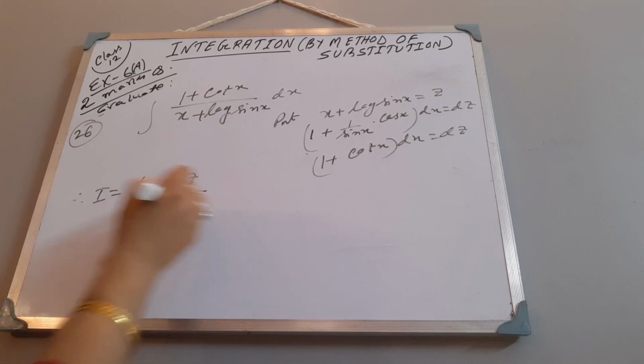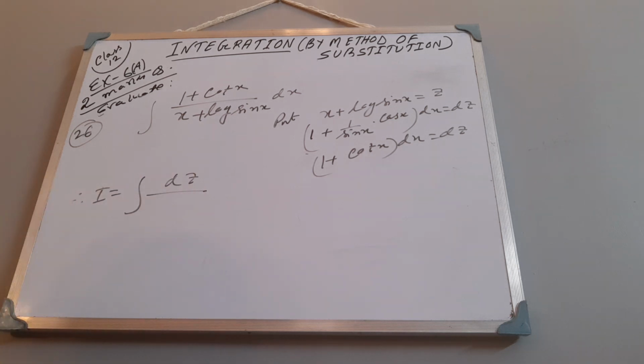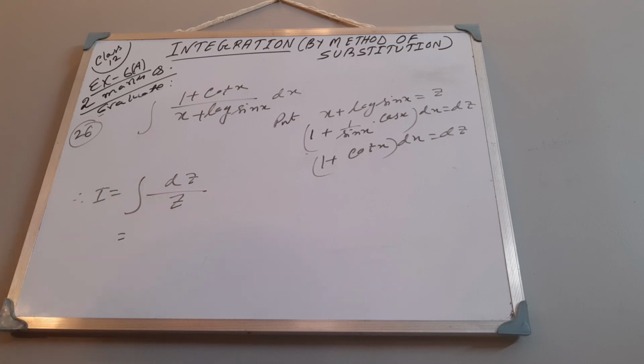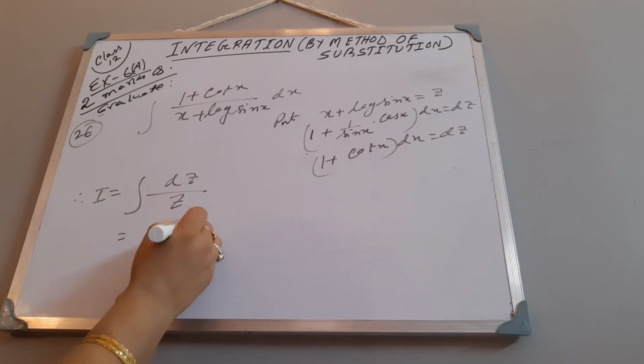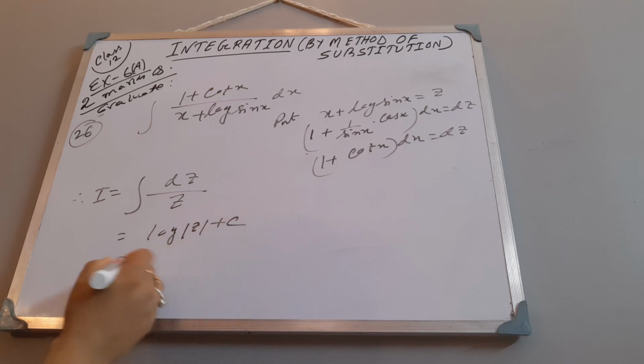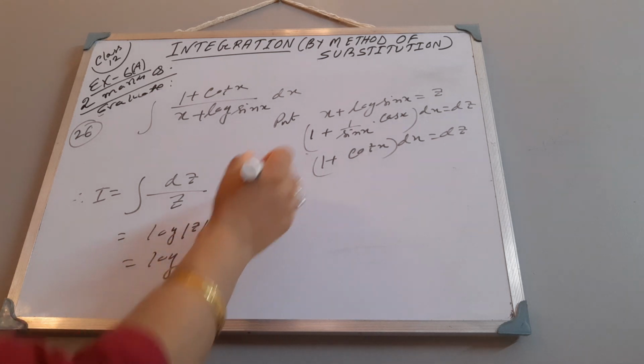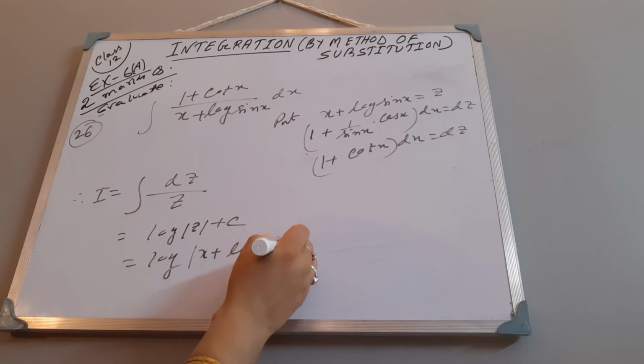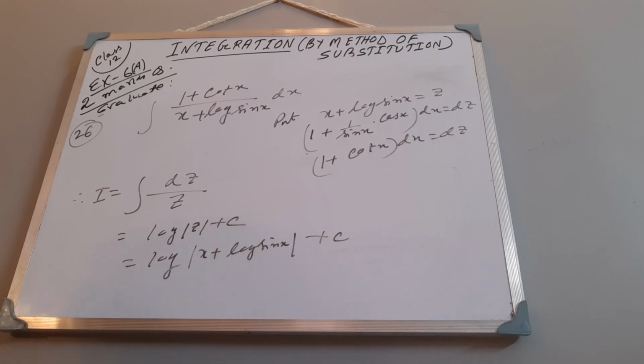Now 1 plus cot x dx is existing there, therefore in the integral I write dz, and x plus log sin x we have taken as z. So integral 1 by z dz is log z plus c. What is z? Here, log of (x plus log sin x) plus c. This will be the answer. This is sum number 26 done.